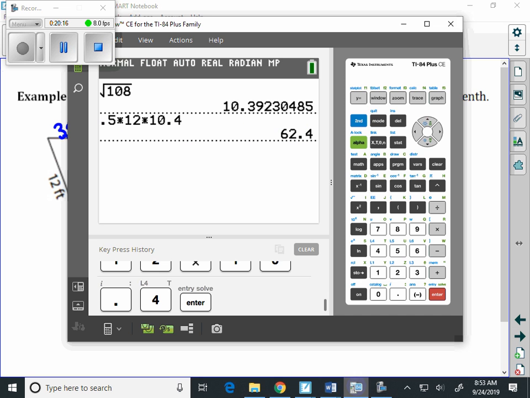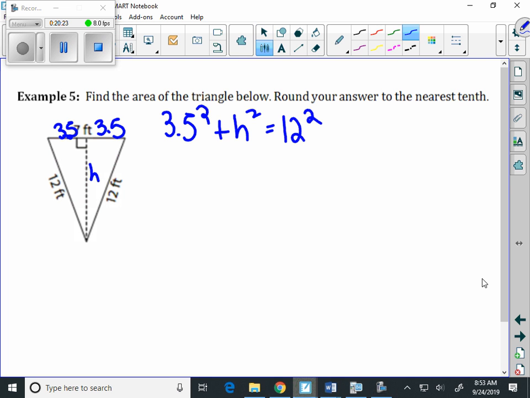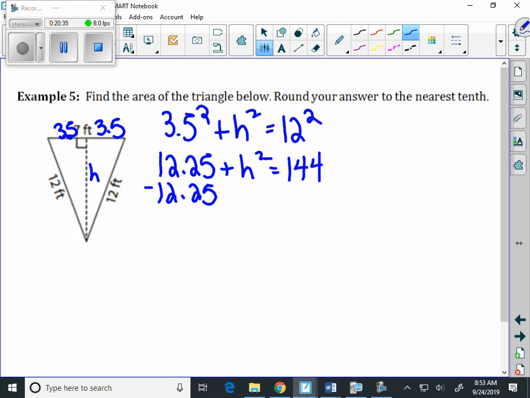And 3.5 squared is 12.25. So we get 12.25 plus h squared equals 144. We're going to subtract 12.25 from both sides.